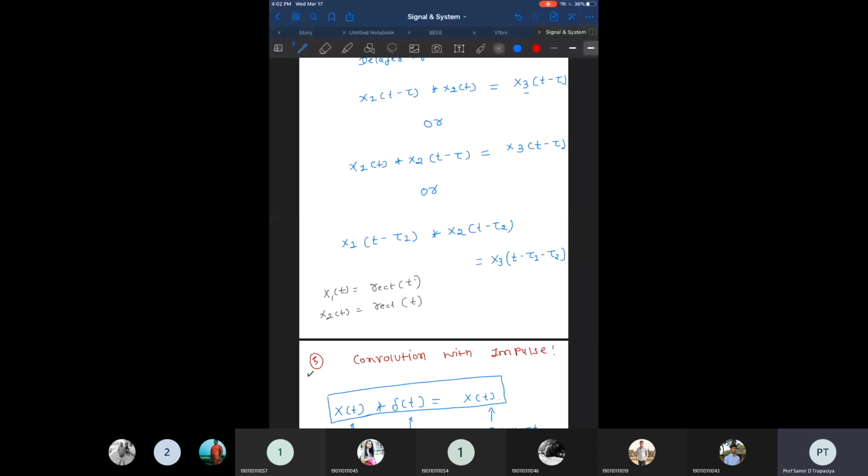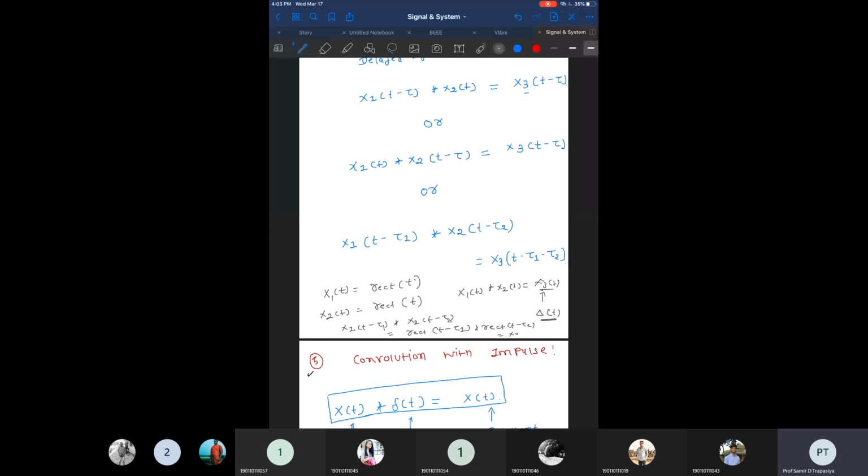So in that case, let's assume x of t is delayed by some amount tau 1 and convolved with delta of t. Then the output is also delayed by the equal amount tau 1. If x of t is not delayed, but the impulse signal delta is delayed by some amount tau 2, then our output signal x of t is delayed by tau 2.